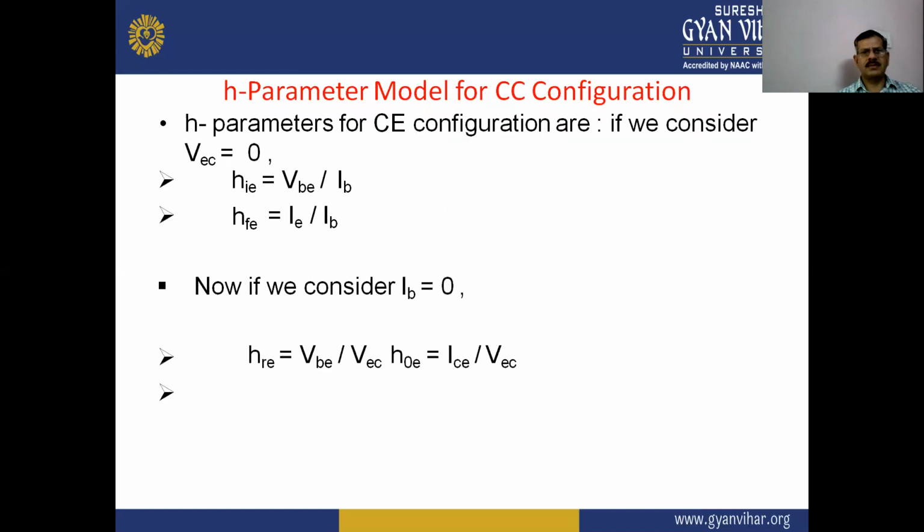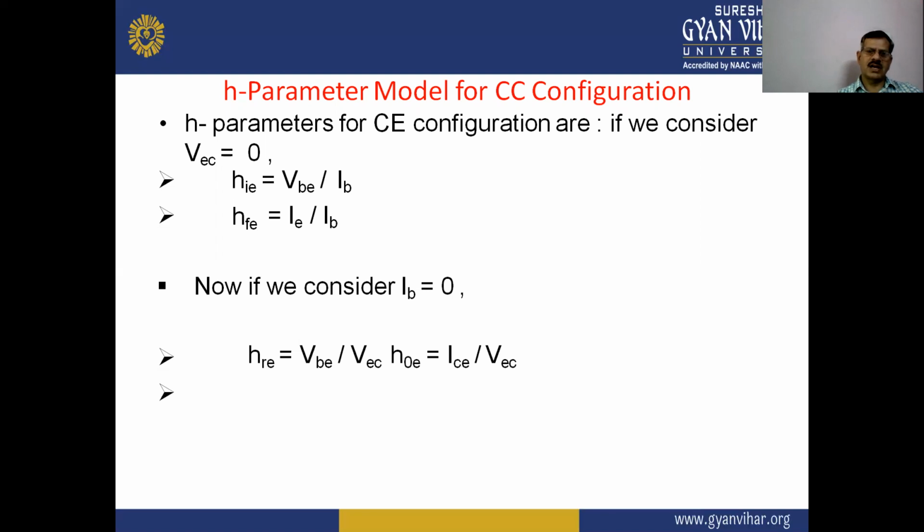Next, the hybrid parameters model for the CC configuration, or common collector configuration. In CC configuration, the h parameters are, if we consider VEC equal to 0, hi equal to VBE upon IB, and also hf equal to IE upon IB.